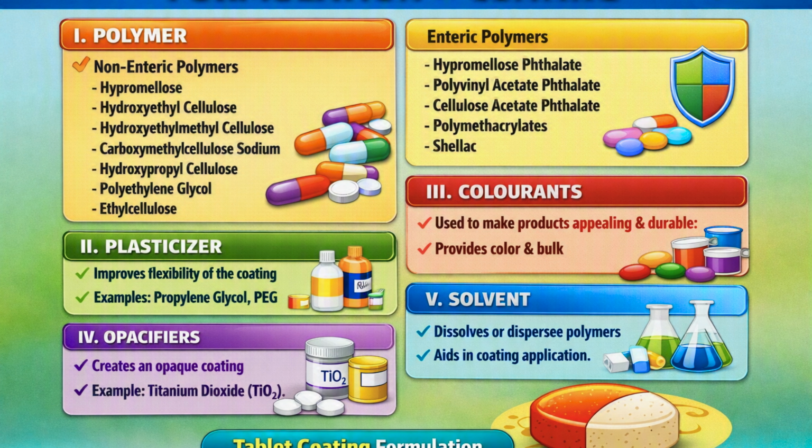They even protect the coating from cracking or peeling during the handling of the tablets. Then colorants are added to enhance the appearance of the tablet and make it physically more apparent. Then opacifiers are added to protect the drug from light sensitivity.